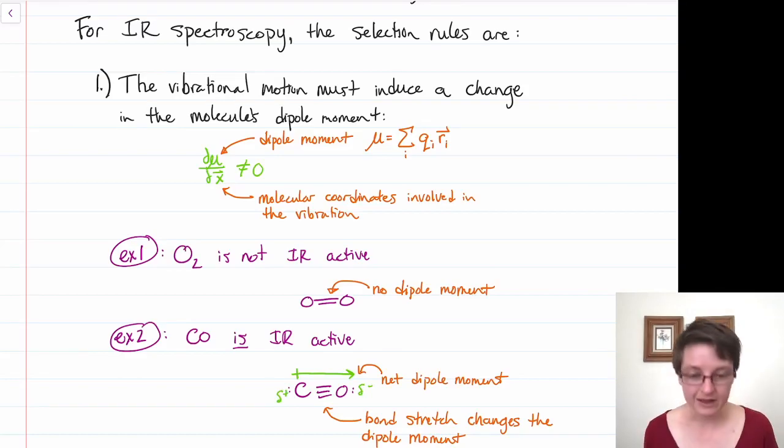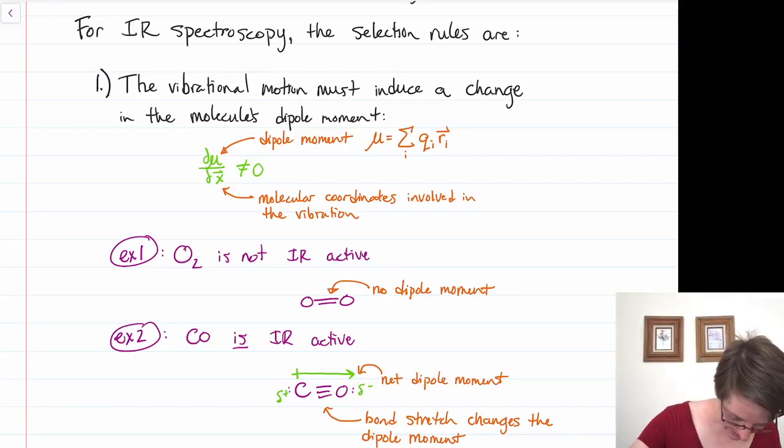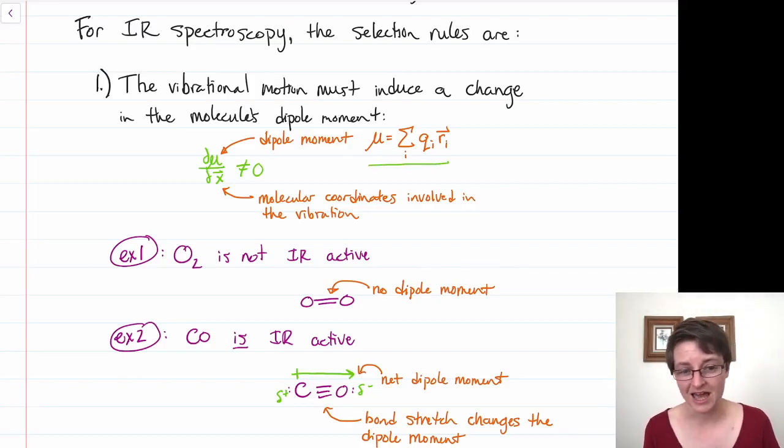That helps us draw a permanent dipole moment associated with this carbon monoxide molecule, and if we stretch or compress this molecule, that dipole moment is going to change, again because it's related to the partial charges on these atoms times their positions in space. And so because bond stretches or compressions change this dipole moment, CO is IR active, and we would expect to see a transition in the IR that corresponds to the energy associated with CO moving between vibrational energy levels.